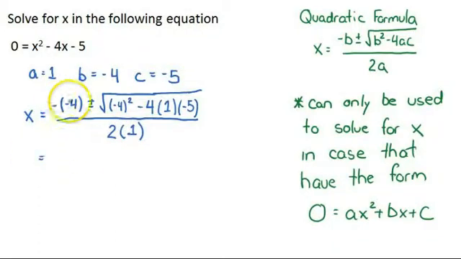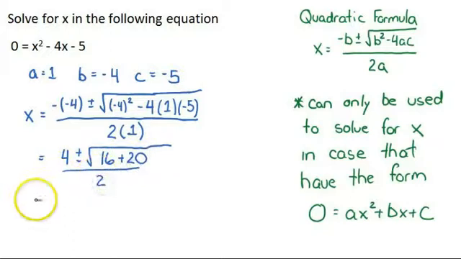And now I'm going to solve this. So we end up with minus 4, which is 4, plus or minus the square root of 16 plus 20, all over 2, is equal to 4 plus or minus the square root of 36 over 2. And this plus or minus is what is going to allow me to get two answers.